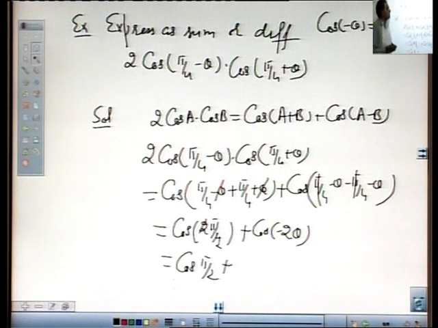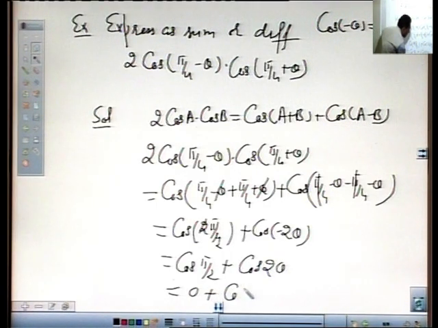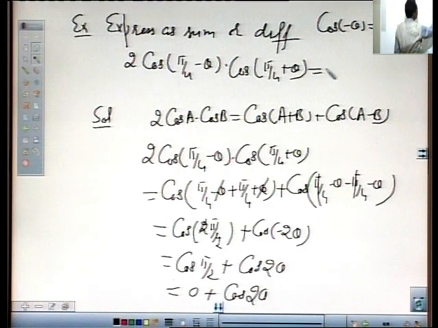Minus 2 theta lies in the fourth quadrant, and in the fourth quadrant cos is always positive. And we know that cos pi by 2, cos 90, is 0, and this equal to cos 2 theta. The answer of this equal to cos 2 theta.